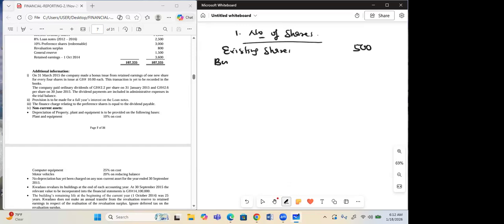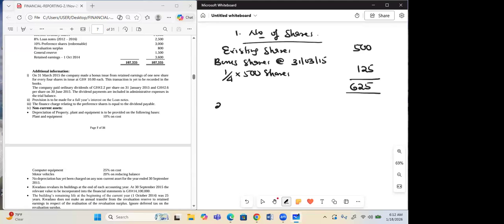Okay, then the bonus shares. When was the bonus issue made? 31st March 2015. We said 1 for 4 of the 500 shares, giving you what? 125. So when you add it, you now have 625 shares, right?